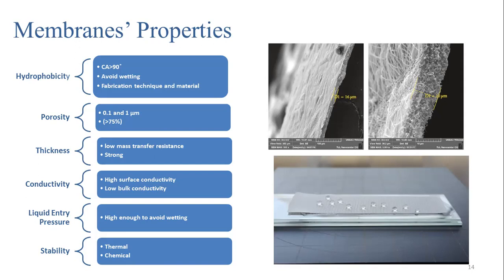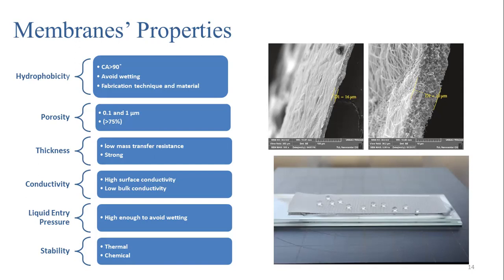The thickness will play a very big role because of the mass transfer. The vapor should enter easily to the other side, so it should have a low mass transfer resistance, and the membrane itself should be strong. The conductivity: because we don't want heat to be lost, we expect the membrane to have relatively low bulk conductivity but high surface conductivity in order to aid heat transfer, which is going to aid mass transfer as well.